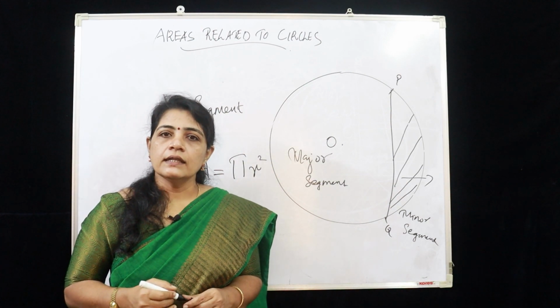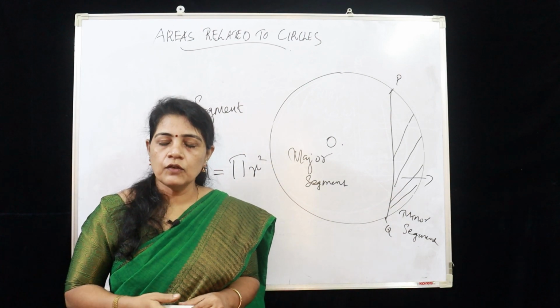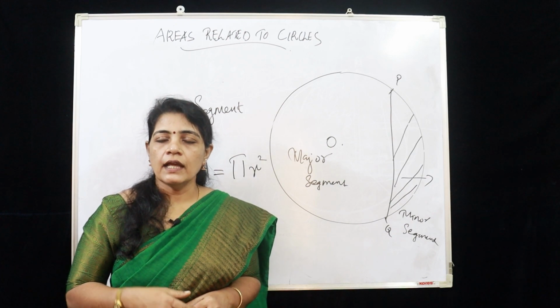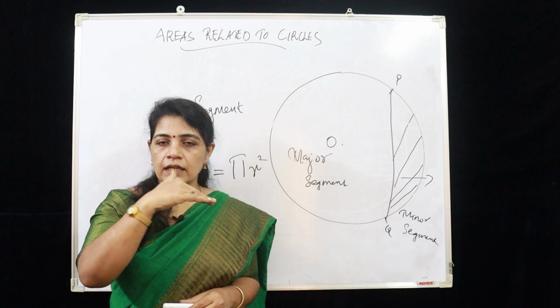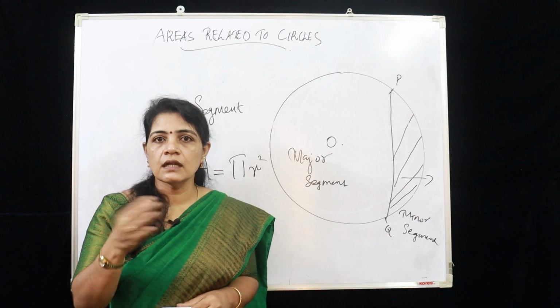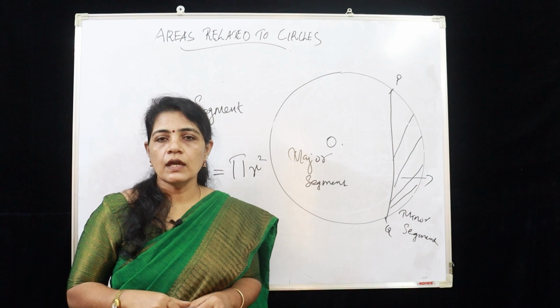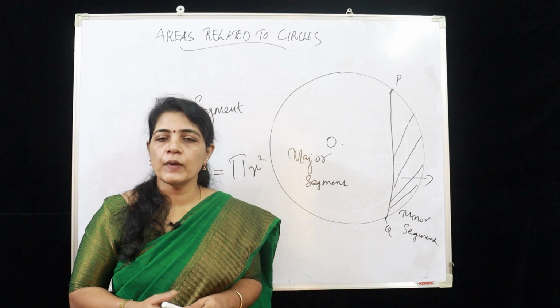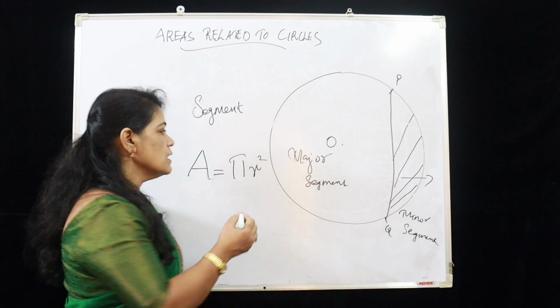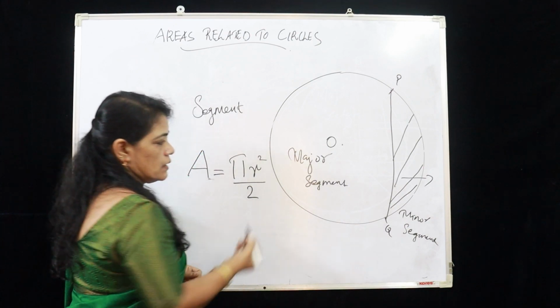Okay, and if we want to calculate the area of the semicircle, that is the diameter which divides a circle into two halves, you take half of the area of the whole circle, that is pi r square by 2. This is the area for a semicircle.